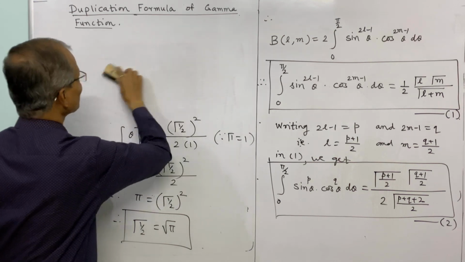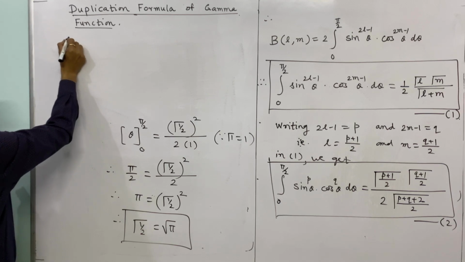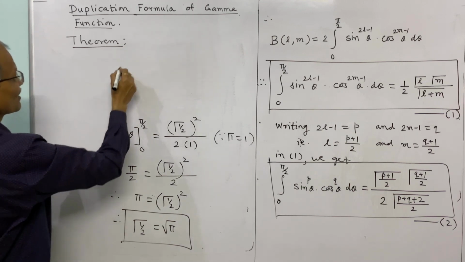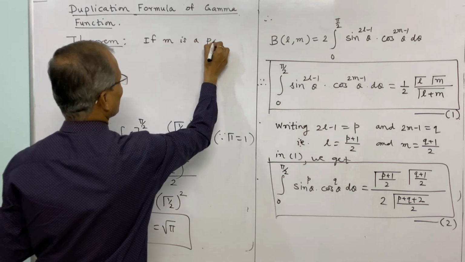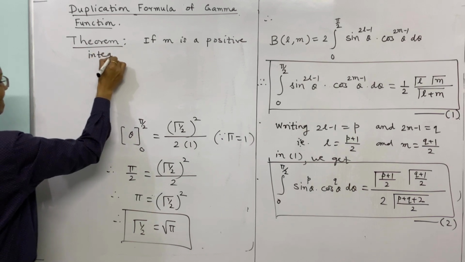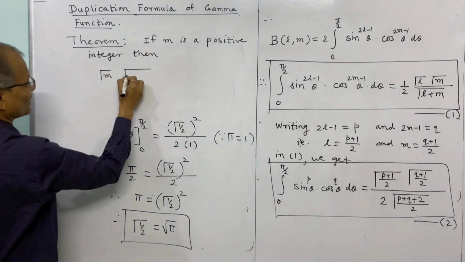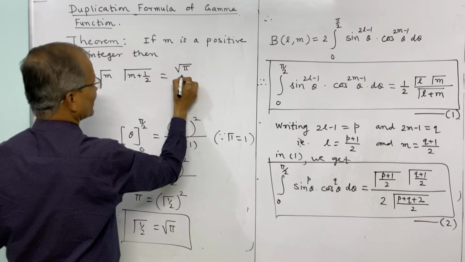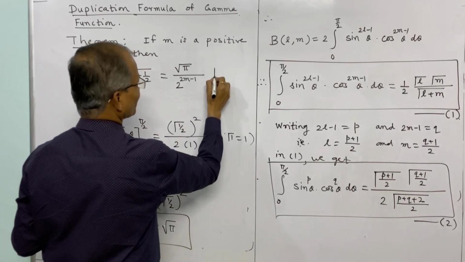Now I shall write the duplication formula here, or a result or a theorem can be written. If m is positive integer, then we have gamma of m into gamma of m plus half is equal to root pi divided by 2 to the power 2m minus 1 into gamma of 2m.